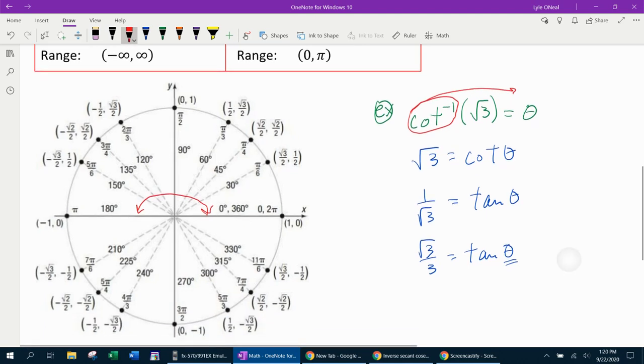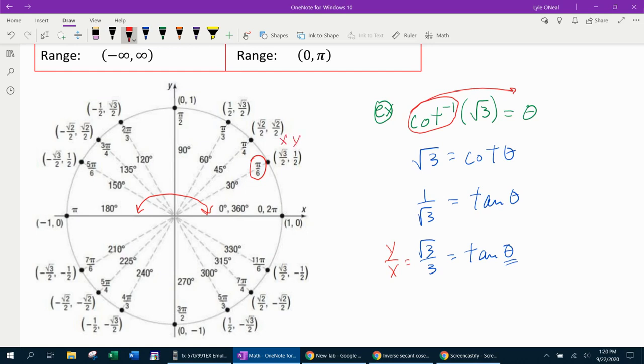We want to know what angle within that range of values has coordinates such that y divided by x produces square root of 3 over 3. And I believe that angle is going to be pi over 6. Okay, so let's check that real quick.